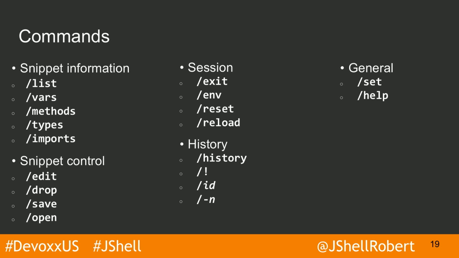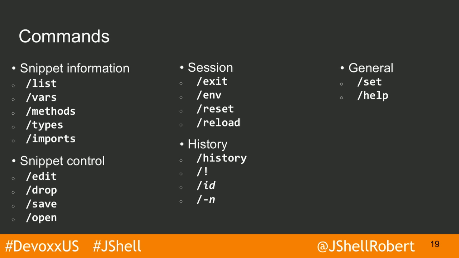There's built-in line editing in the JShell tool, but sometimes you want to edit things as a whole, and there's an edit command which is configurable to use different editors. You can say, I don't want a particular snippet as part of my world.